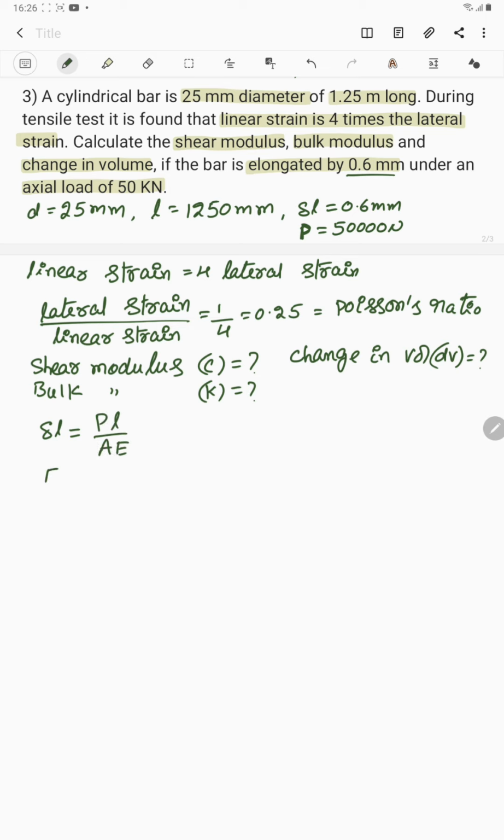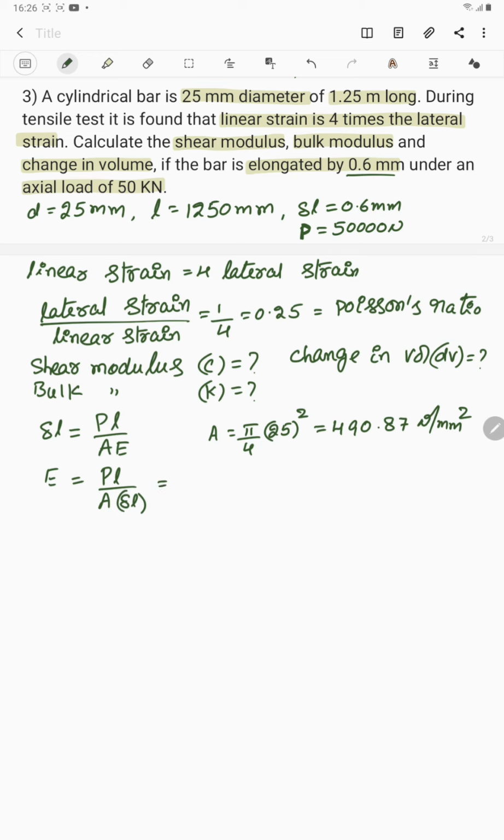From this, Young's modulus E equal to PL by A delta L. Here area of cross section A equal to pi by 4 into D square, that is pi by 4 into 25 whole square. You simplify this value for getting the area around 490.87 mm square.